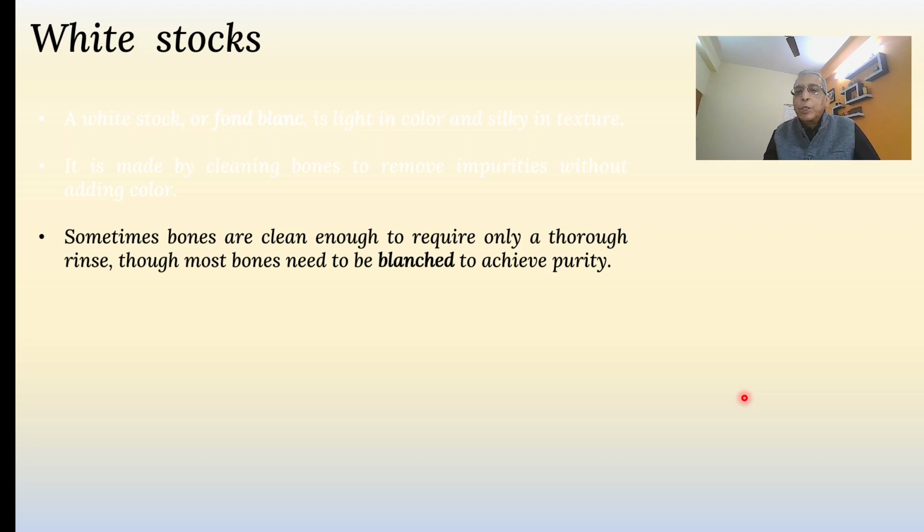But the best method is to blanch the bones for making a white stock. Blanching will help you remove the layer of fat, which will melt in the mild heat of the blanching water, and then the dirt sticking to those fats will start releasing, and the bones will be cleaned properly. So blanching of bones for making white stock is mandatory, you can say.